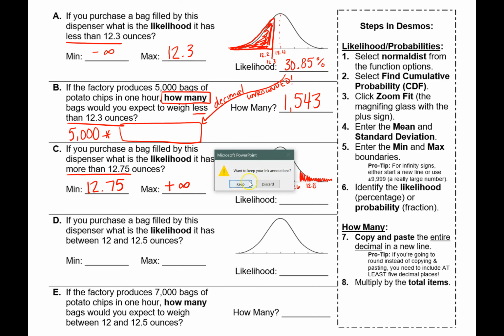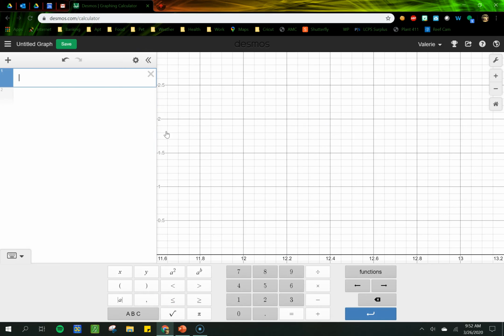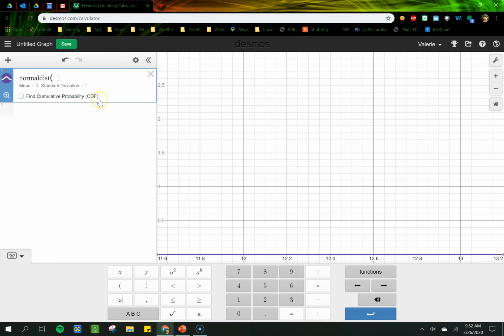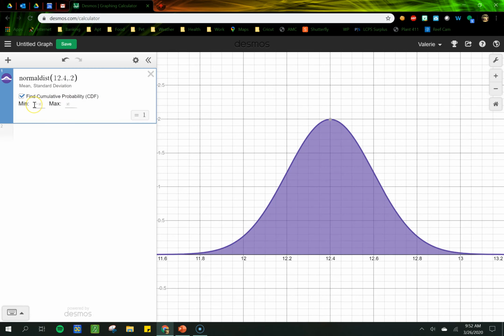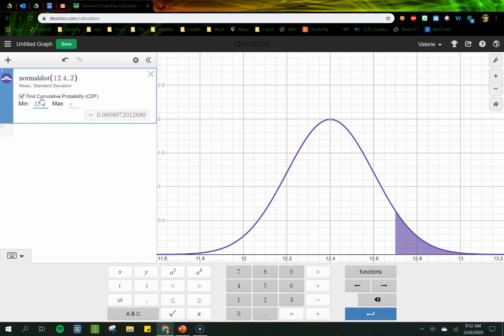So let's go over to Desmos, clear out the problem that we have, and start a new normal distribution where we have a mean of 12.4 and a standard deviation of 0.2. We are finding the cumulative probability, and then this minimum, we're going to put the 12.75 there.